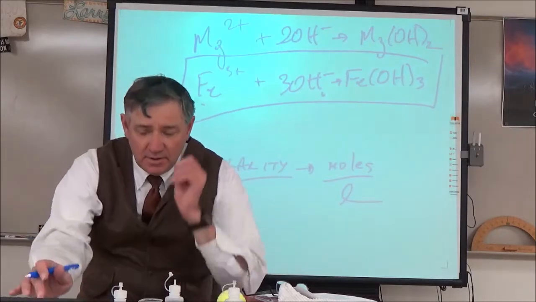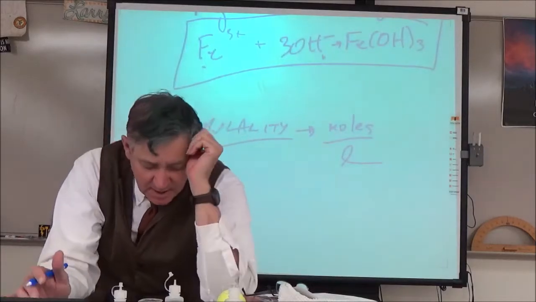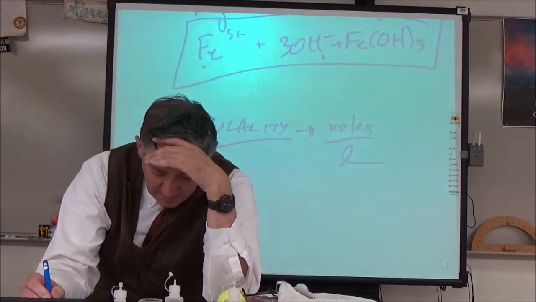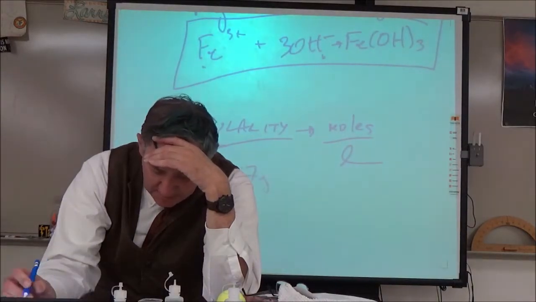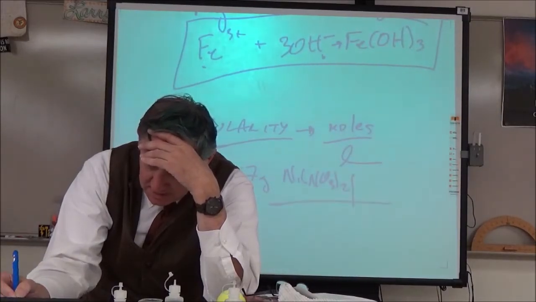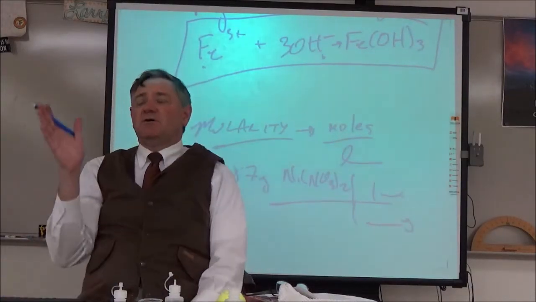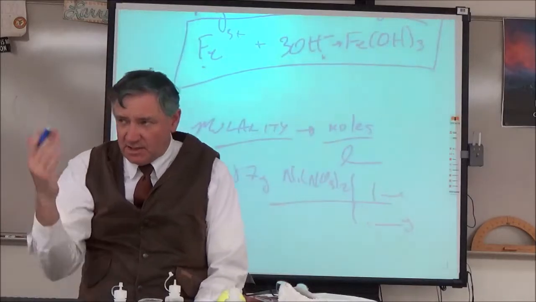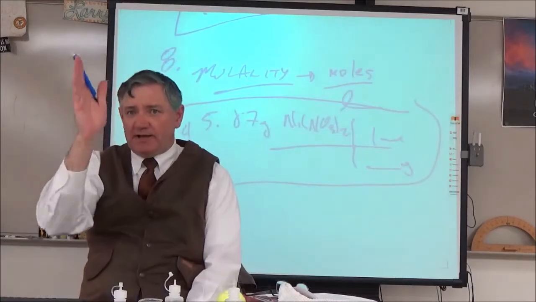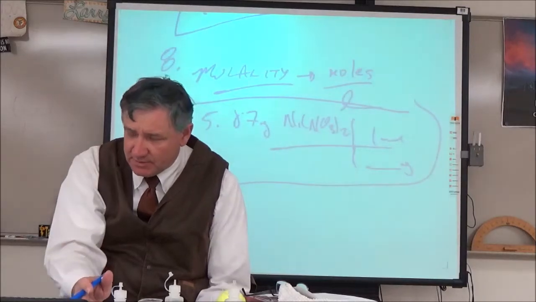Okay? So on number 8, there's a couple of ways you can work it, depending upon your preference. At the end of the day, you've got to take the 45.87 grams of nickel 2 nitrate and change that from grams into moles. Okay? So if you're a step-by-step process kind of person, one option is that you do this calculation by itself. And you say, okay, how many moles of nickel 2 nitrate am I going to have?